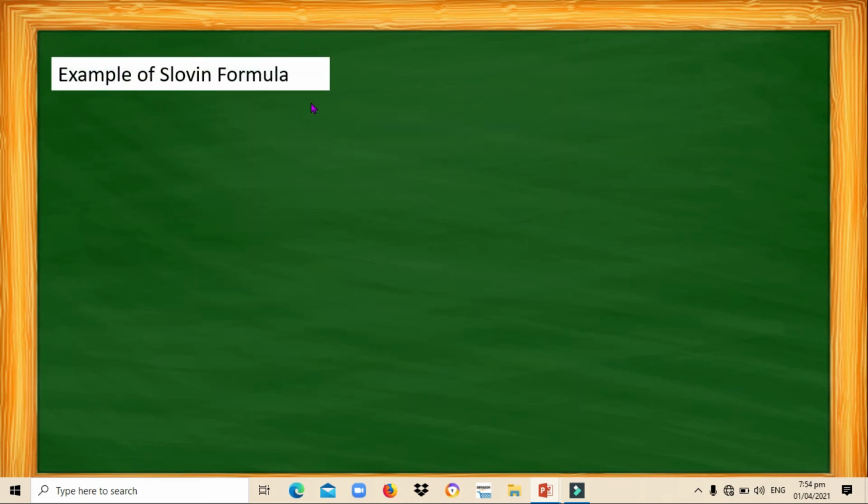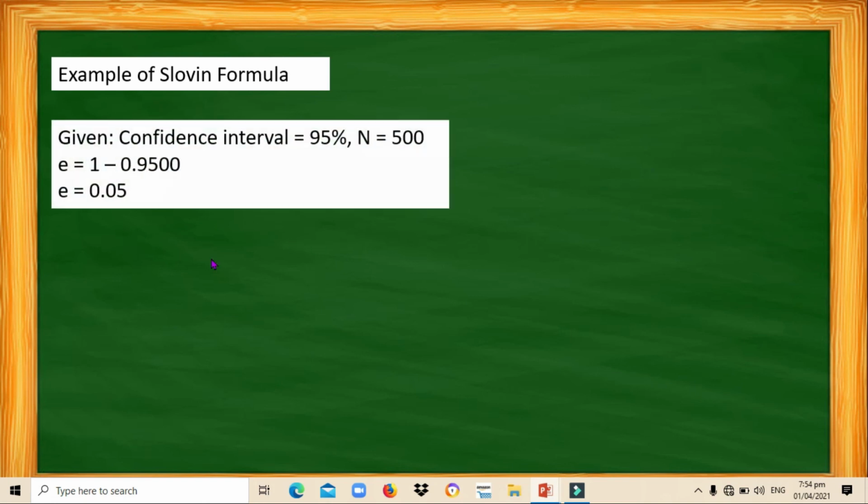Okay, we have an example also of the Slovin formula. Given confidence interval equals 95% and the population is 500. The margin of error is E equals 1 minus 0.9500, the decimal form of 95%. So the margin of error is 0.05.